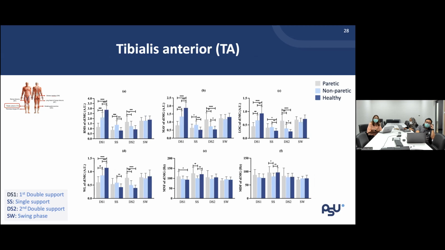And this is the tibialis anterior. For the tibialis anterior, in the first double support, the frequency domain and time domain, you can see mid frequency also contrasts with the time domain.